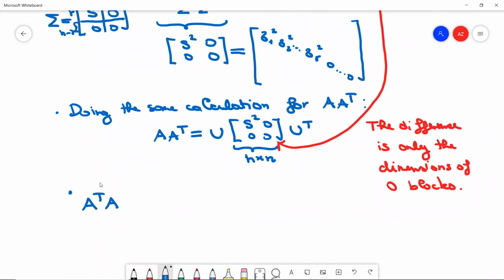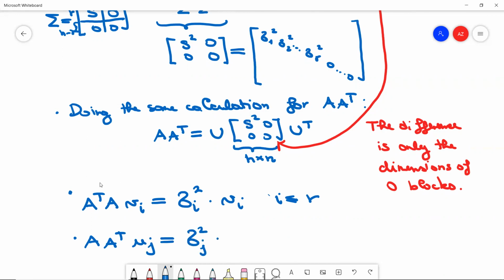A transpose A times Vi is just sigma I squared times Vi by construction, for I smaller than R. And A transpose times Uj is again by construction just sigma J squared times Uj, for J smaller than R. Otherwise, other vectors are unimportant.